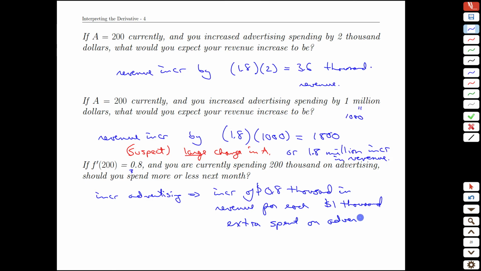And if that's the case, in principle, that sounds good. I spend more money on advertising, but I get more revenue.